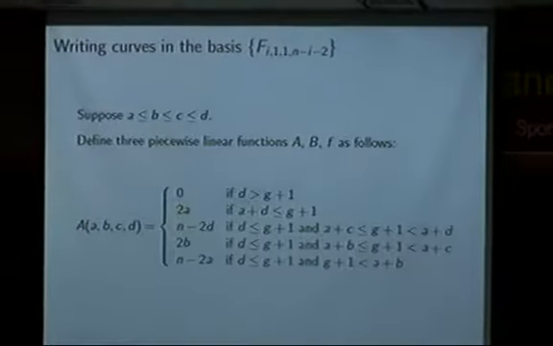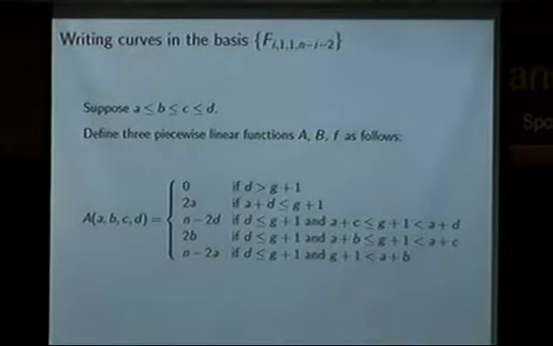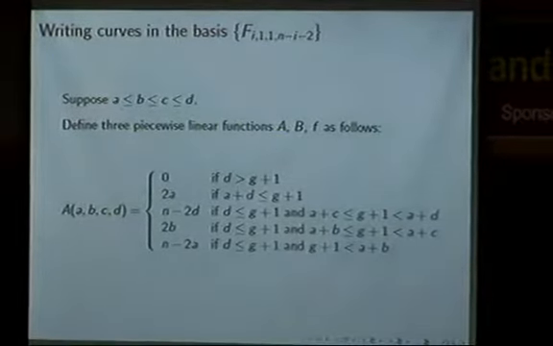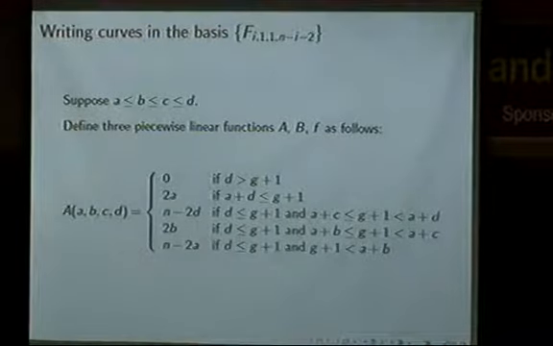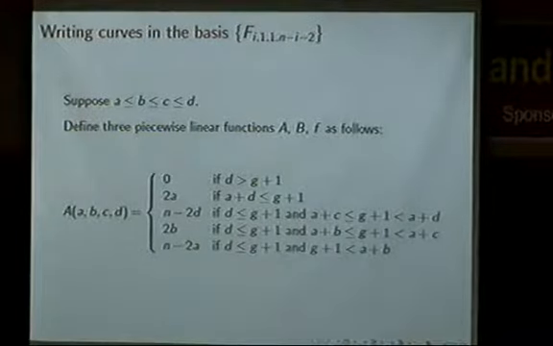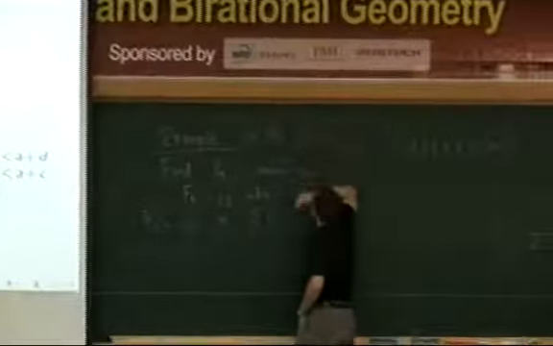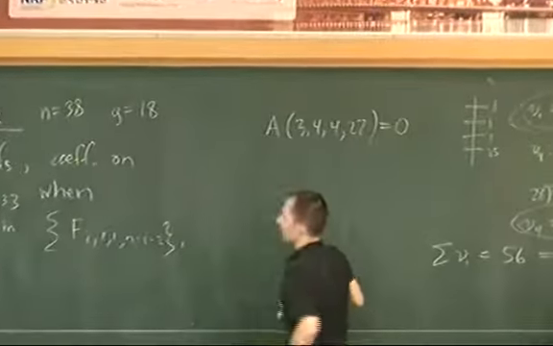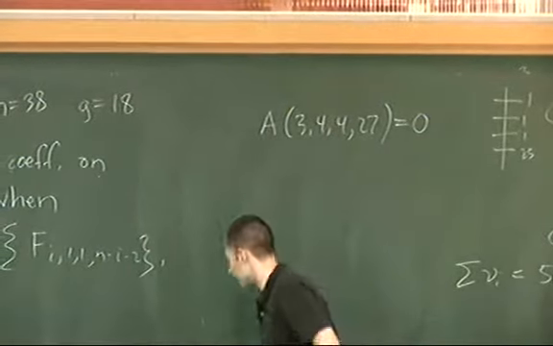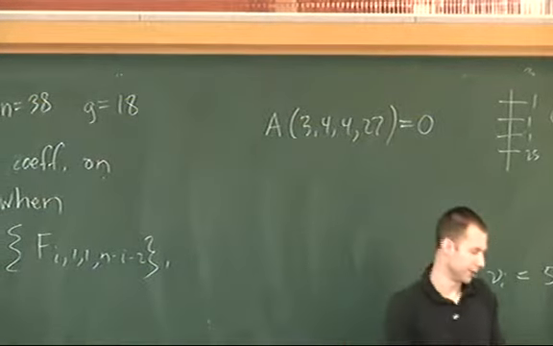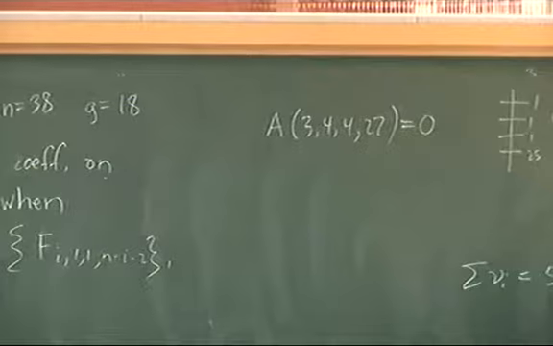And in our particular example, A(3,4,4,27) is going to be 0 because my last entry is really big, n equals 38, so g is 18. And so our last entry is sufficiently big to make this capital A equal to 0.